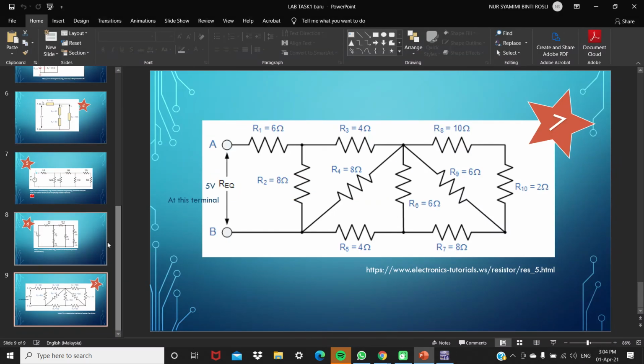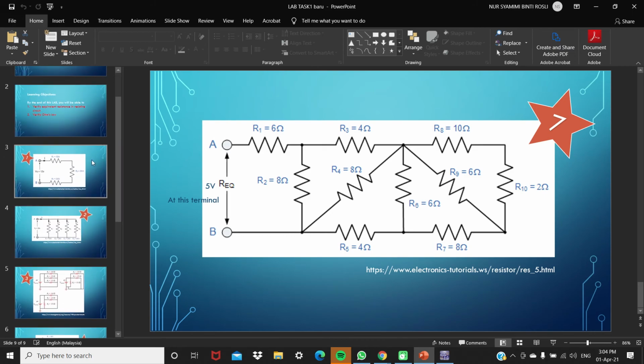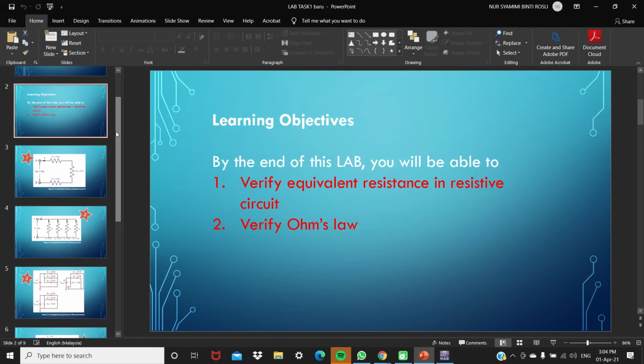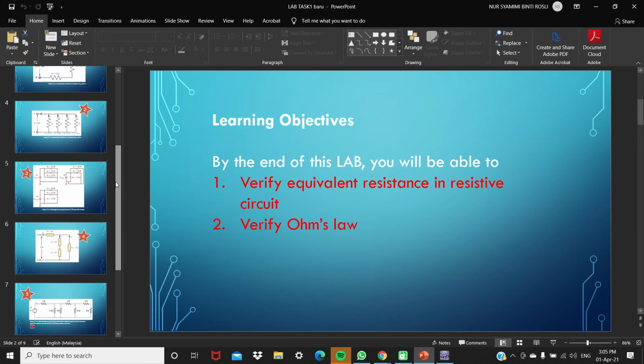for lab one, task one. Complete those exercises and answer this question: what should be the equivalent resistance in a resistive circuit? Remember, I've shown you, if you measure with the voltage, you're not going to get the right value. If you want to measure the equivalent resistance, you need to remove the power source first.